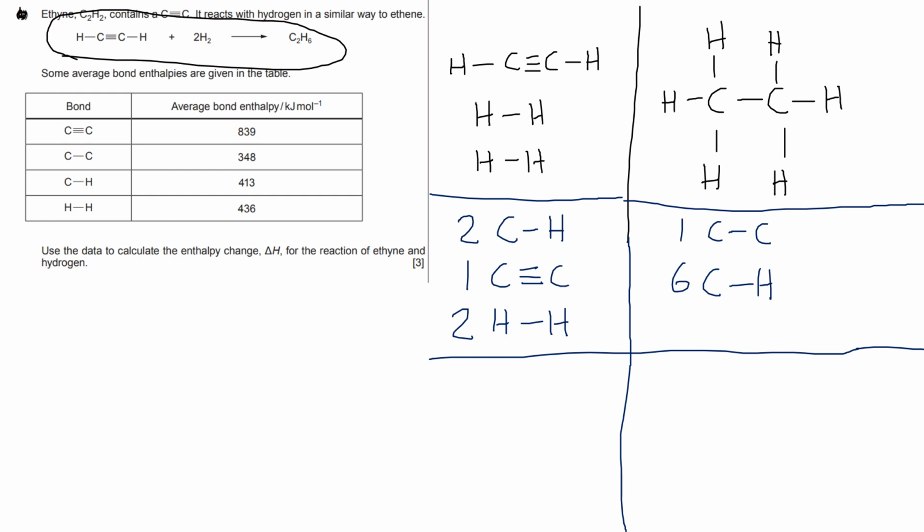Okay, and then we're going to start inserting some numbers. So 2 lots of C to H, that is 2 lots of 413, which is 826. You've got 1 C triple bond to C, which is 1 lot of 839, which is 839, obviously.